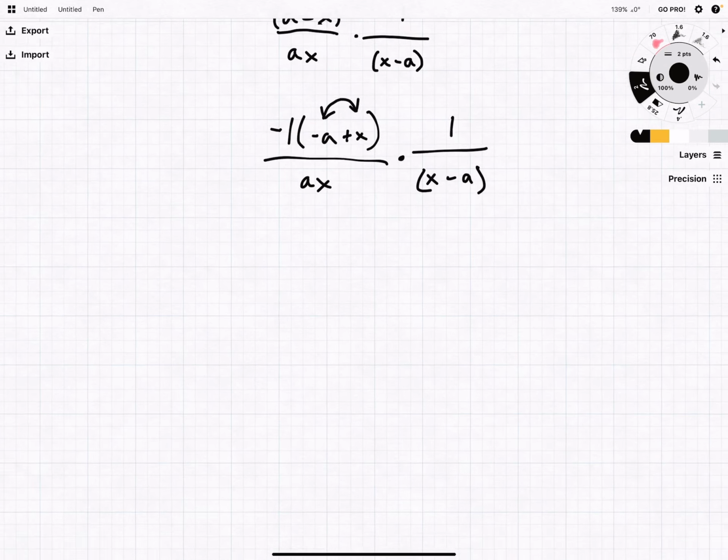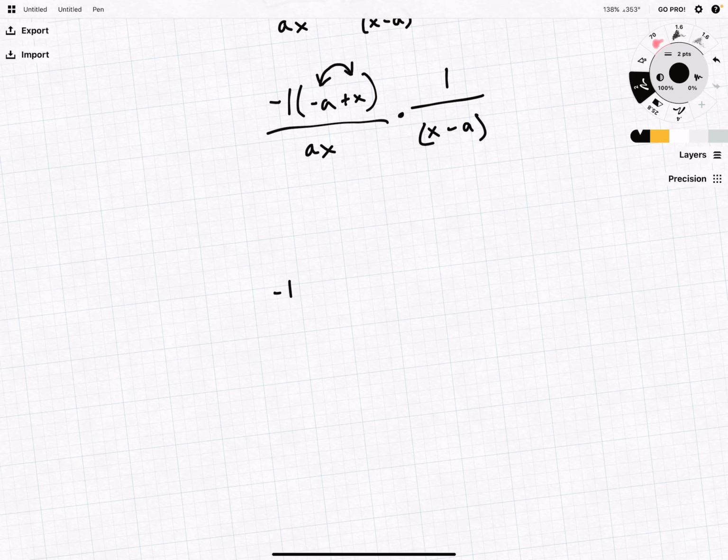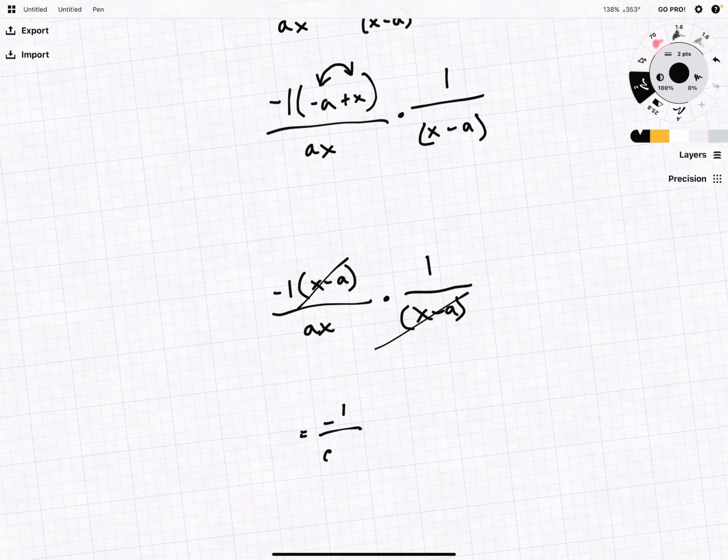So we have -1 times x minus a, because we have the positive x and the negative a, so x minus a over ax times 1 over x minus a. Now we can see that we can cancel out this x minus a, and we're left with -1 over ax. And that is our final answer.